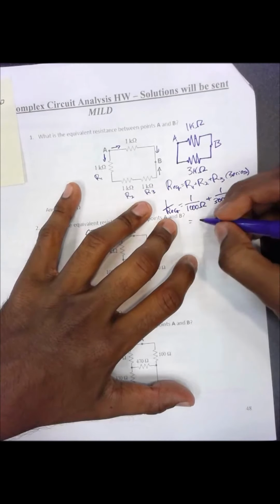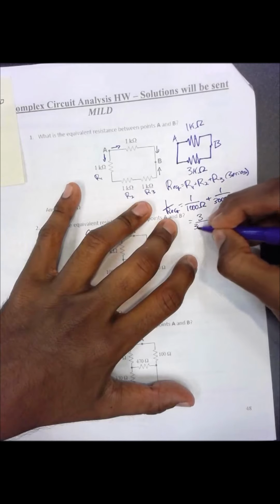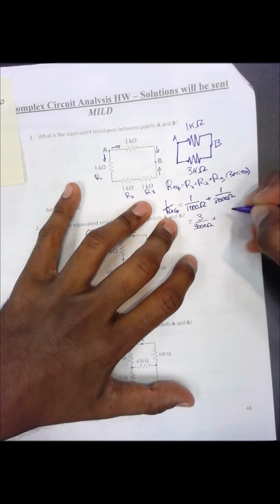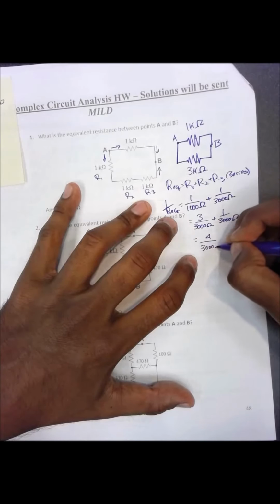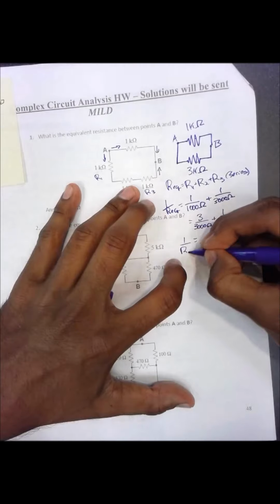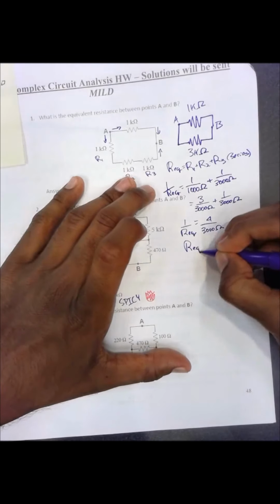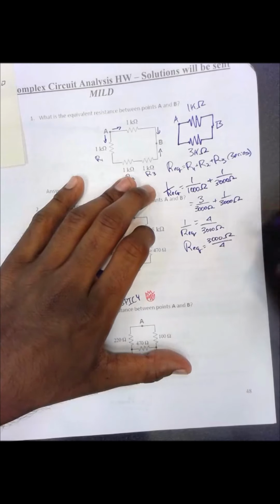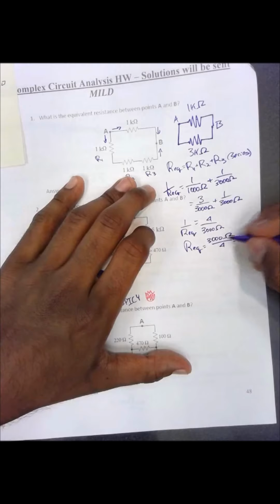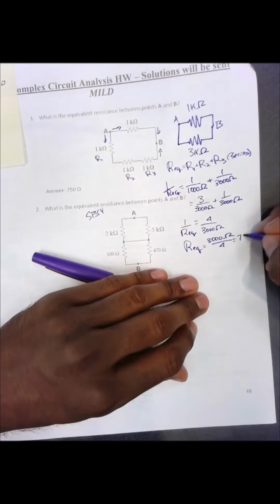I'm going to make this 3 over 3,000 plus 1 over 3,000, and then this is going to be 4 over 3,000 for 1 over REQ. So if I'm solving for REQ, REQ is just going to be 3,000 divided by 4. When we divide 3,000 by 4, we end up with 750 ohms.